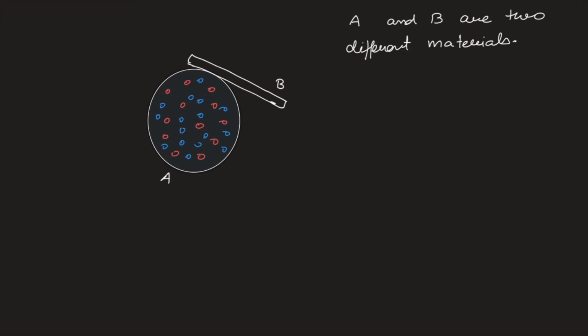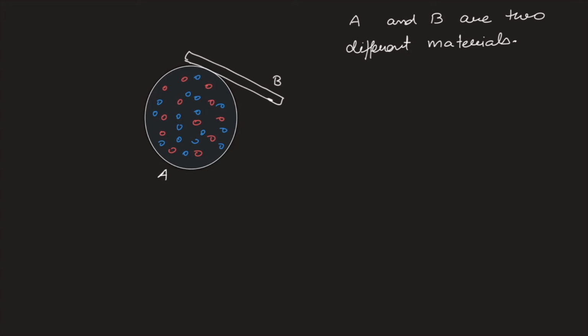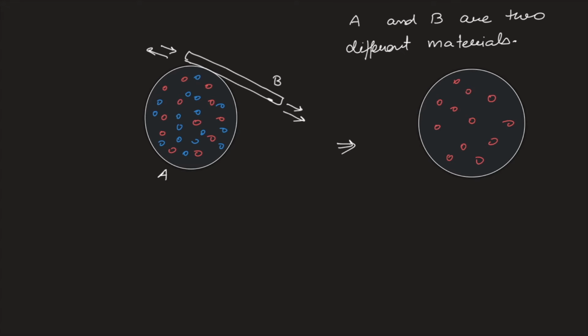तो इस तरह के सिचुएशन में अगर आप B को A के ऊपर घिसते हो, अगर आप B को A के ऊपर रब करते हो, if you start rubbing B over A, what happens is this. Some of the charges from A, let's say the blue charges from A, let me first draw the red charges and then I'll draw the blue charges.